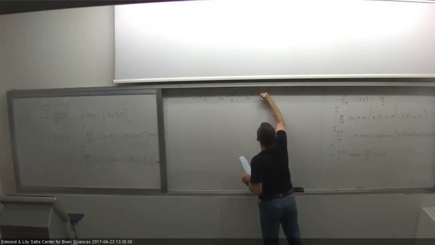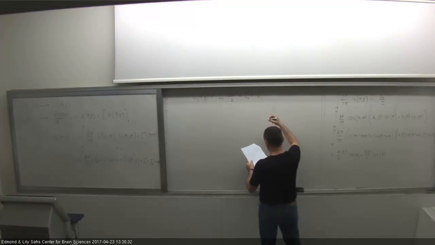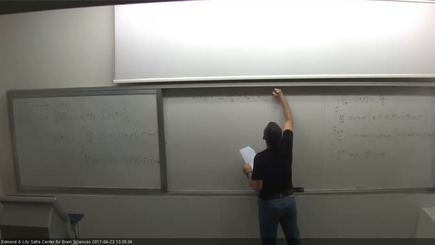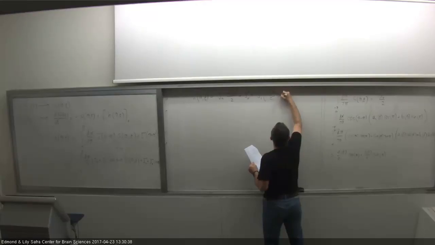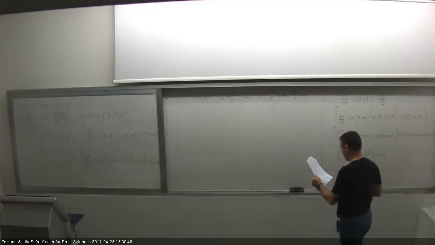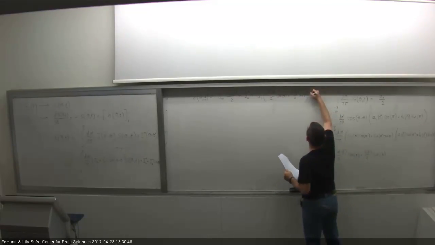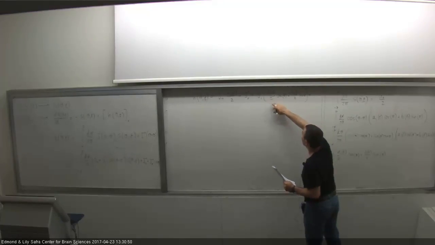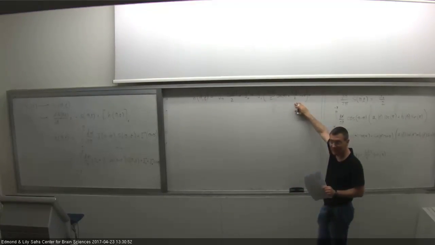The term coming from the recurrent connection is just equal to J1 times A1 of t over 2 cosine of theta plus b1 of t over 2 sine of theta. This is the angle-dependent input that comes from the recurrent connections. Why isn't it homogeneous?